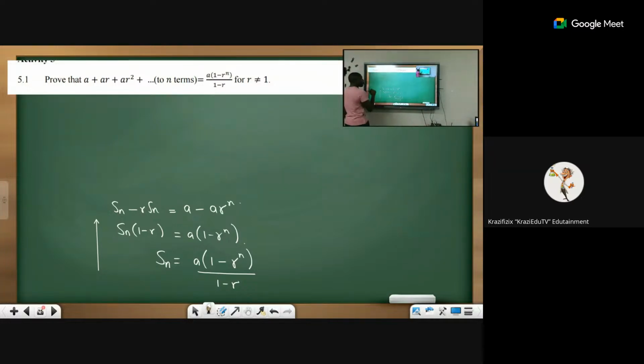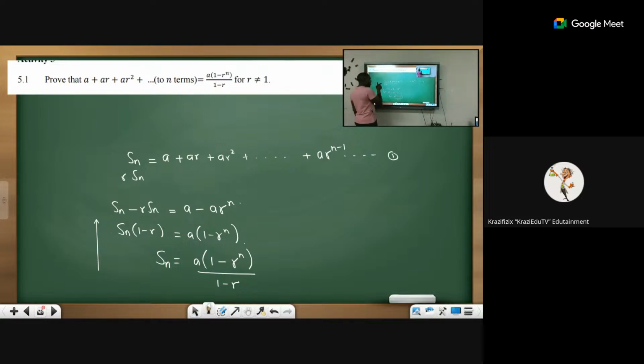Now break up your formulas. You usually start with SN and then you move to what? RSN. What is SN? Sum of term 1, A, term 2, AR, term 3, AR squared, and that continues until the last term, AR to the power N minus 1. And that gives you your first equation.